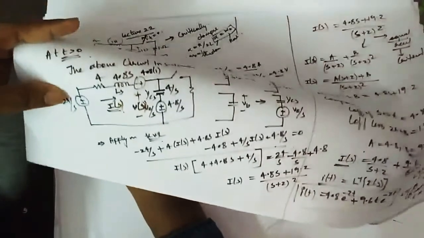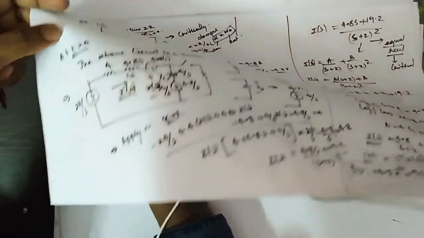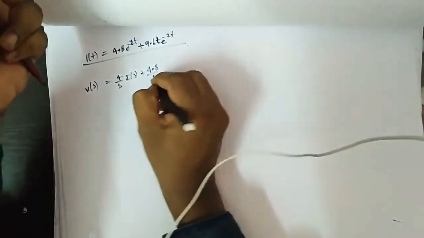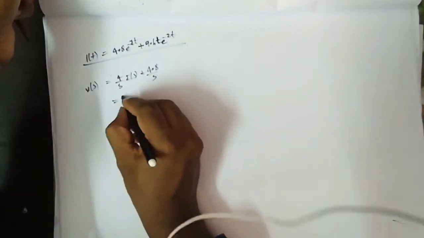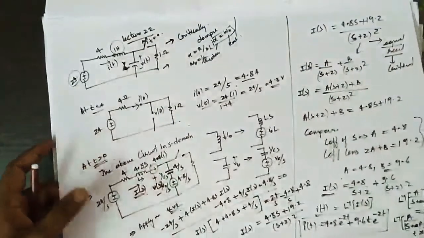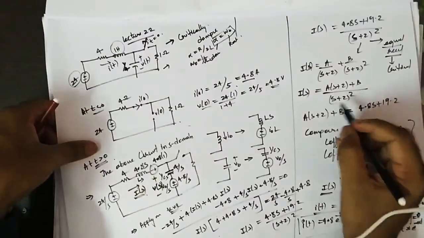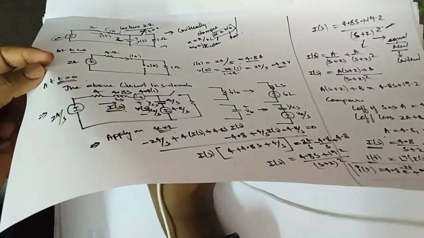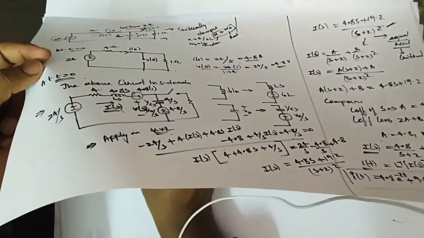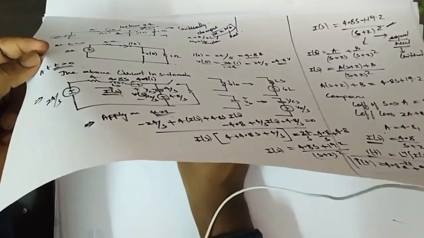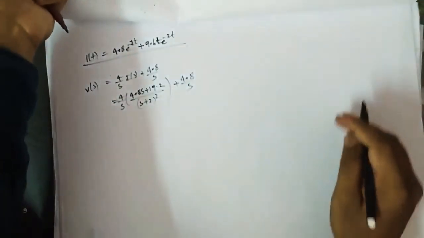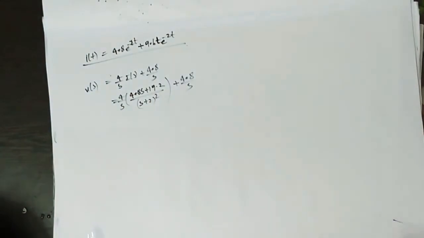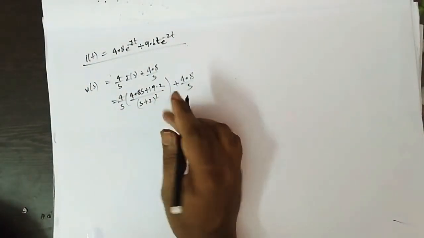So V of s can be written as 4 by s into I of s plus 4.8 by s. Now I of s you have this term, 4.8 s plus 19.2 by s plus 2 whole square, plus 4.8 by s. Now you need to solve this V of s to get V of t.